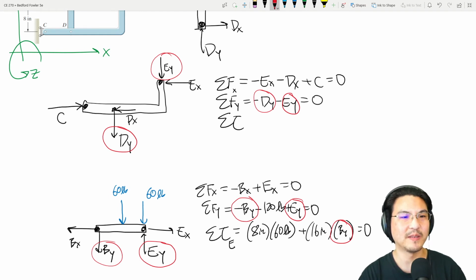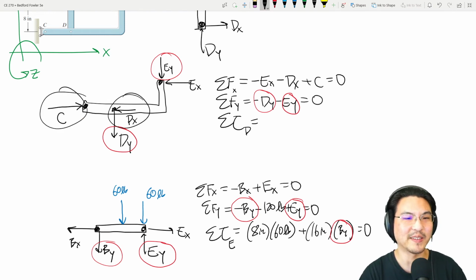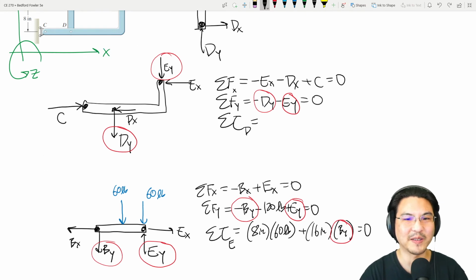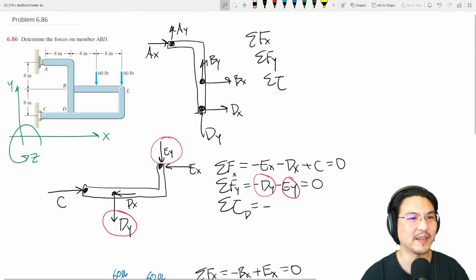Okay, so let's be clever here. If we sum torque about point D, then there's no torque from C or DX or DY about point D. There's only torque from EY, which would be in the negative z direction, so negative. And then how far is that? 16 inches.